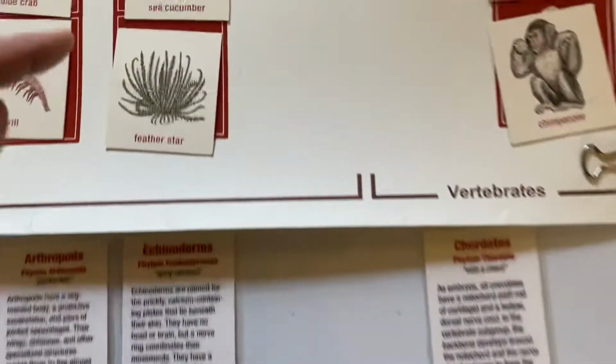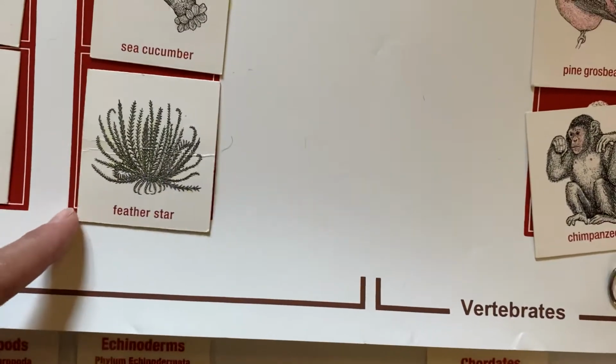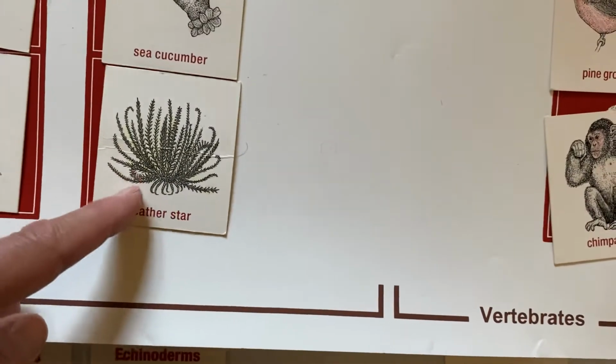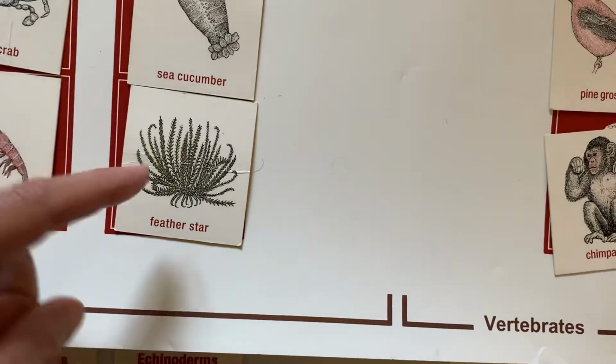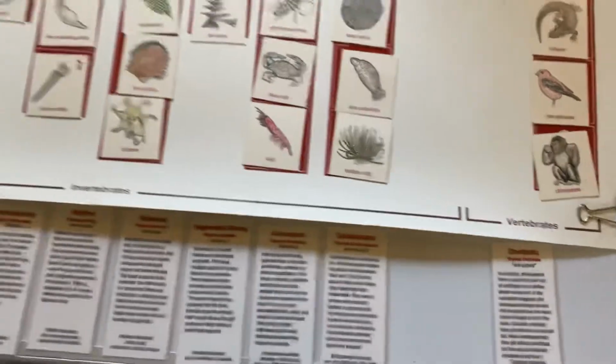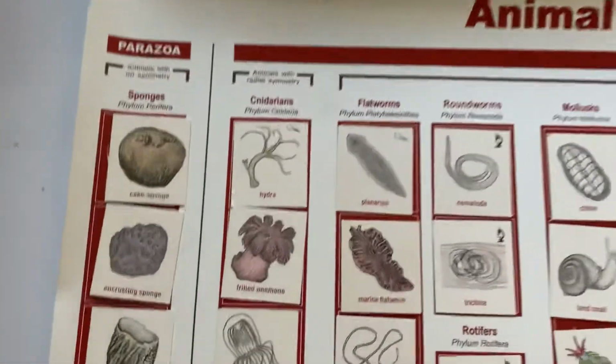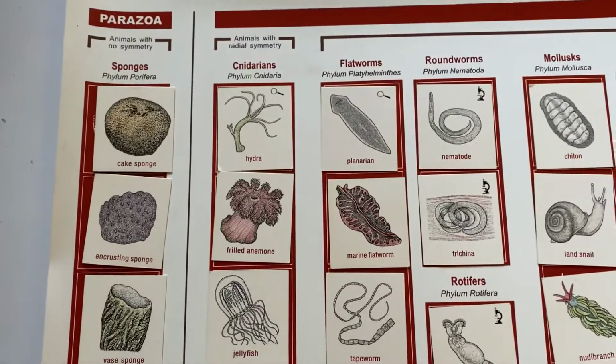So when I show you a picture of, for example, this animal and teach you about it, I want you to remember that that is just the line leader for so many others like him. So here we go. Let's start back at the most simple creatures, which are the sponges.